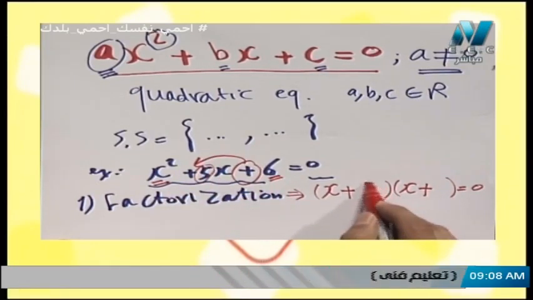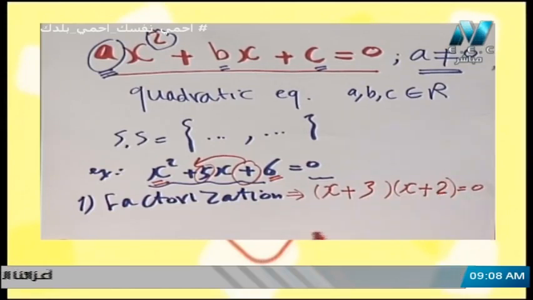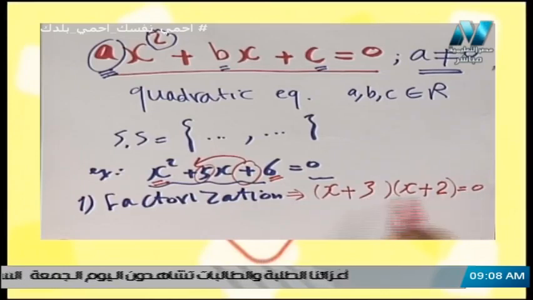They will be 3 and 2, so 3 multiplied by 2 equals 6 and their sum equals 5.